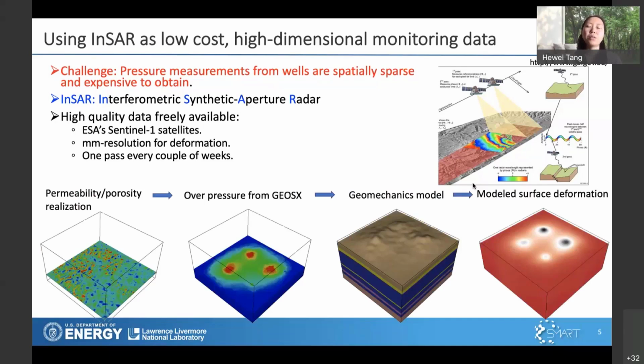And since we are dealing with a synthetic case in phase one, we are using our modeling tool to generate synthetic InSAR data as well. The process is to use coupled flow and geomechanics simulation to get the modeled surface displacement. And we can see that this surface displacement is highly correlated with reservoir overpressure.